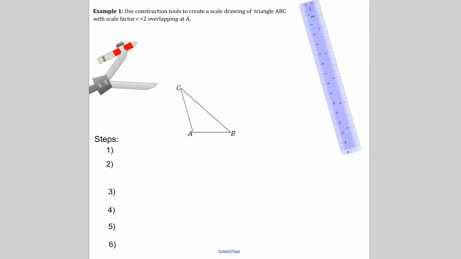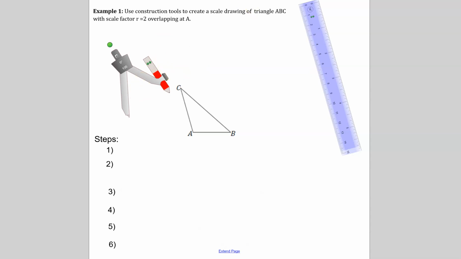So let's actually construct a scale drawing here of this first triangle and let's take some notes on how that step process goes. So in order to do this, we're going to need a compass and a straight edge. Again, if you're using a slide compass, your compass and your straight edge are built together. Again, I don't have one of those on this platform, so I'm just going to use a traditional compass.